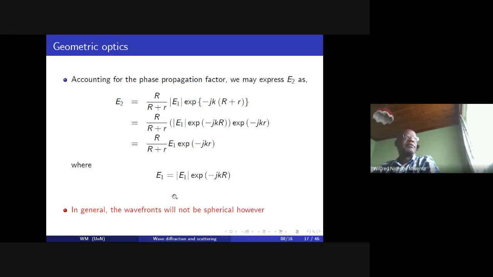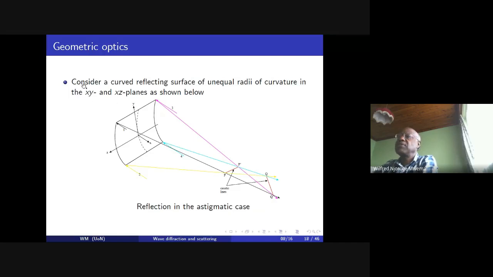So in general, the wavefronts will not be spherical. The spherical is just an idealization, so to speak. Therefore, what we want to look at is what would happen if we have curved reflecting surfaces with different radii of curvature in the xy and the xz planes, as shown here. That is, the curvature on that plane is different from this curvature here.